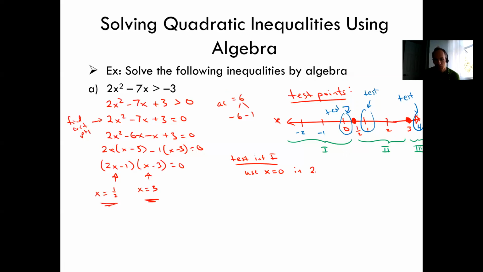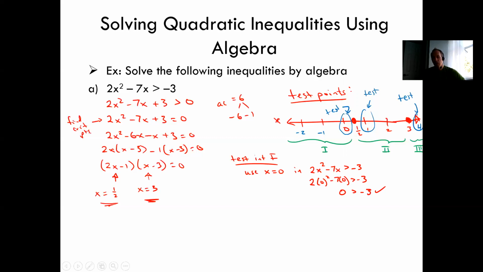So I'm just going to double check to see if that is true. This would be 2 times 0 squared minus 7 times 0. Oops, we don't have an inequality sign there. Is it a true statement that 2 times 0 squared minus 7 times 0 is greater than -3? Well, that's like saying 0 is greater than -3.